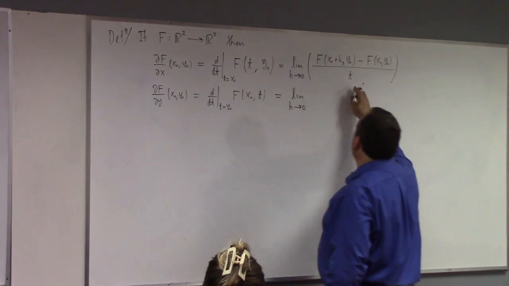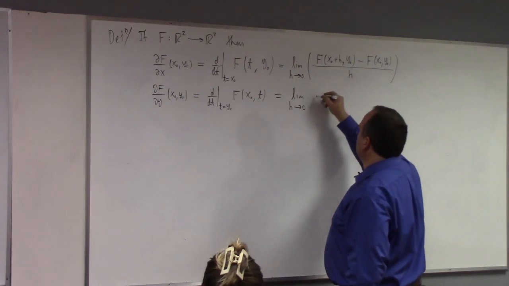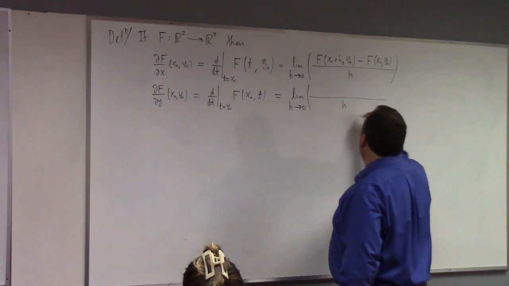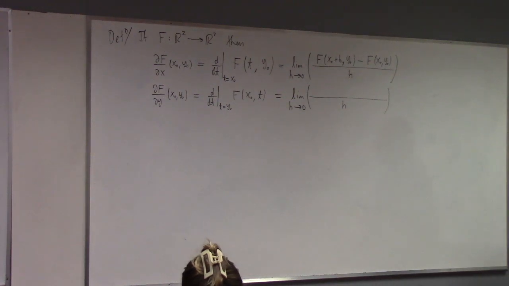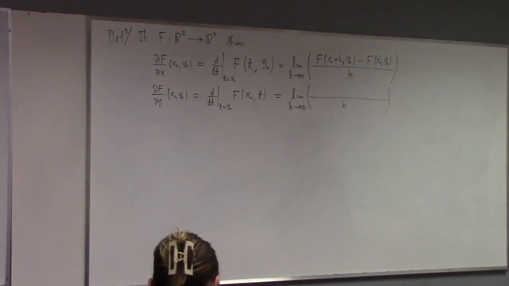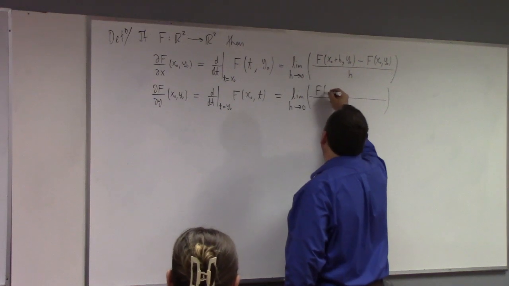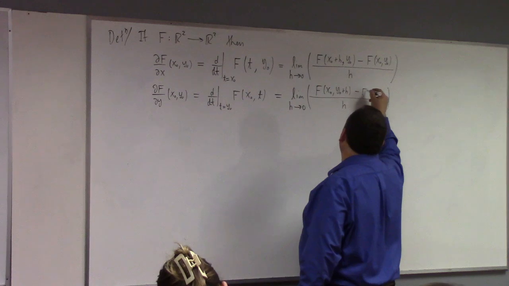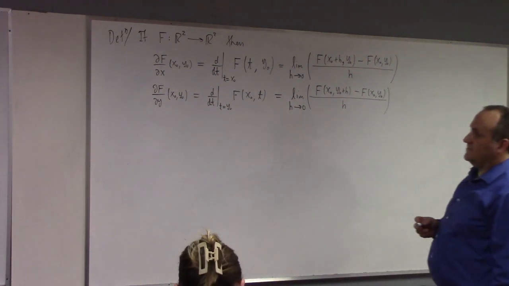I'm sorry, I wrote a t down here, but I meant to put h. Please forgive me. h, parentheses, parentheses. I did the easy part. You guys tell me what goes in the numerator. f of x naught, comma, y naught plus h, minus f of x naught y naught. We have a winner. Very good.